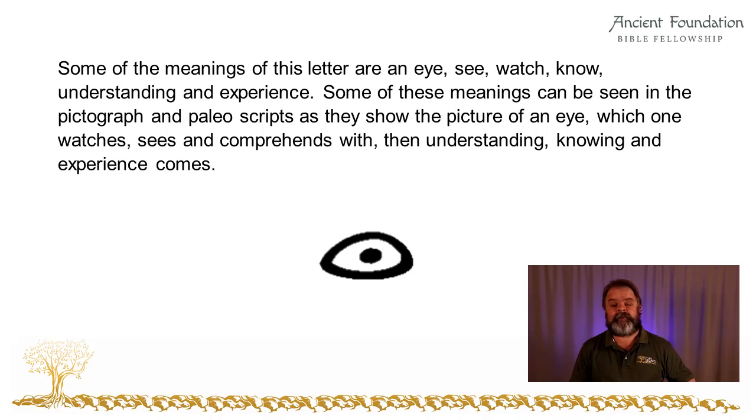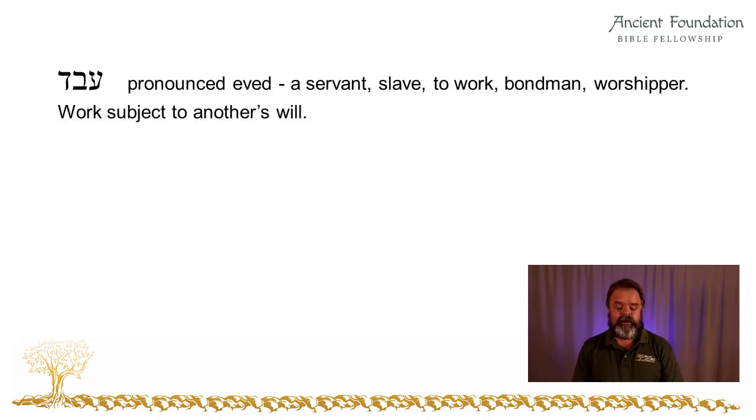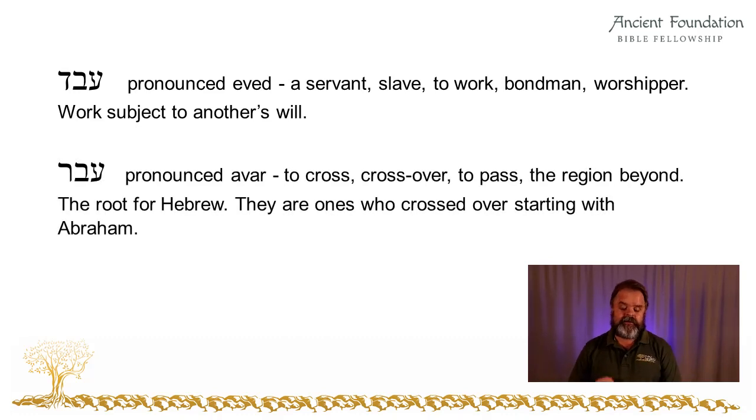Now let's have a look at some of the Hebrew words that start with the letter Ayin. The first word I want to show you is pronounced Eved, and this is the Hebrew word for a servant, slave, to work, a bondman, also a worshipper. And another meaning is to work subject to another's will, which is exactly what a servant or a slave does. The next word I want to show you is pronounced avar, and this is to cross over, to pass, the region beyond.